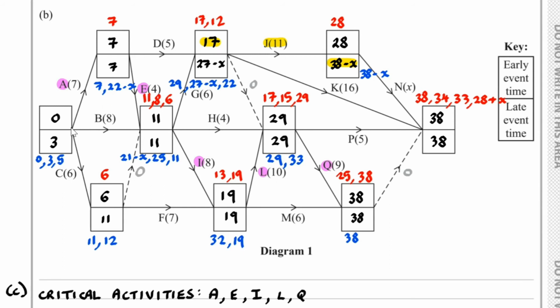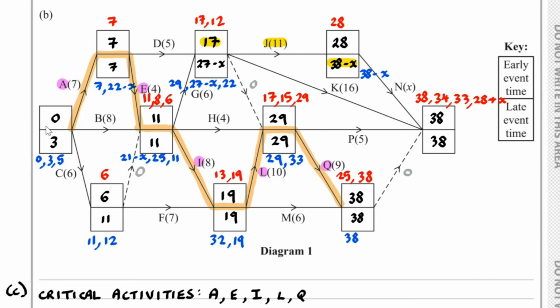The critical path, we go A, then E, then I, then L, and then Q. These are the critical activities because we've got 0 float time.